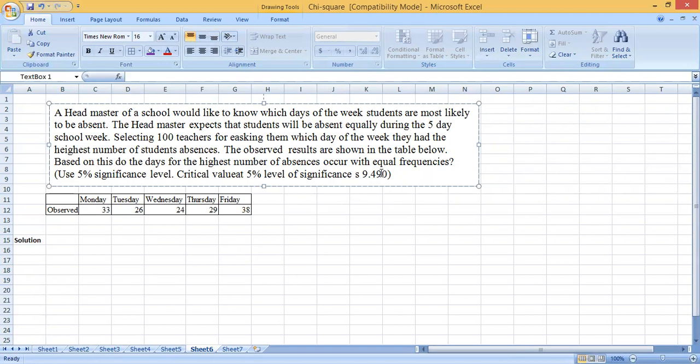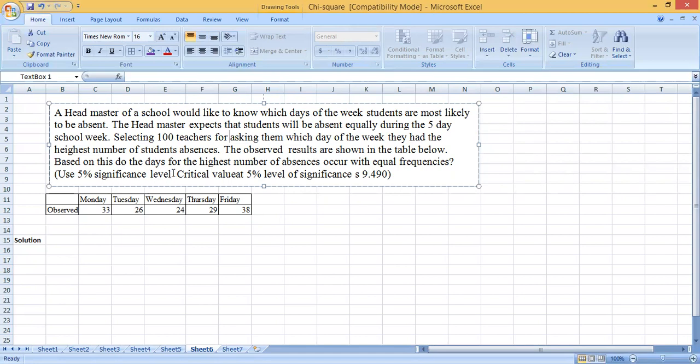Selecting 100 teachers, asking them which day of the week they had the highest number of students absent. The observed results are shown in the table. Based on this, do the days for the highest number of absences occur with equal frequencies?